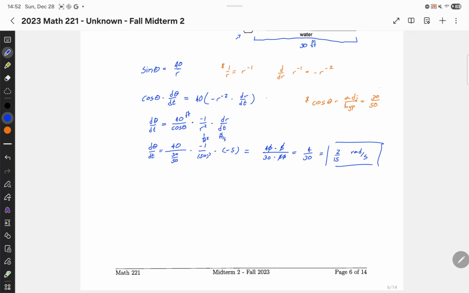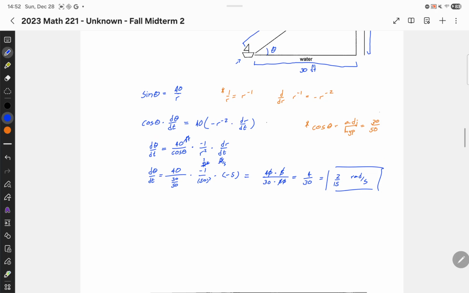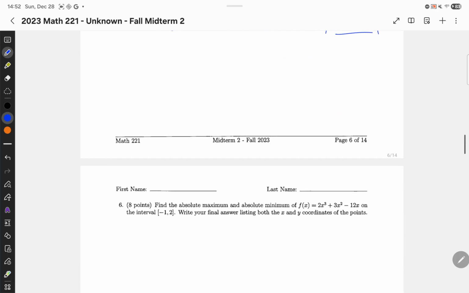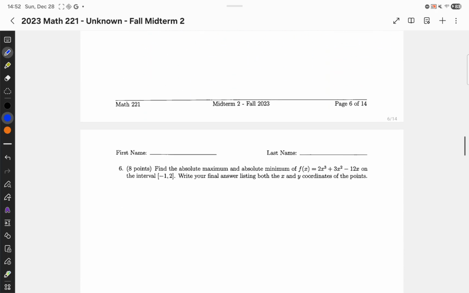And then cosine theta, you just want to think of as dimensionless. And so this feet and this feet are going to cancel. So that brings it down to 1, and then this foot and the other foot are going to cancel. So that gives you 1 over second, and of course this is in radians. So we can just throw radians in there. And that's going to be it for question 5. So moving on.